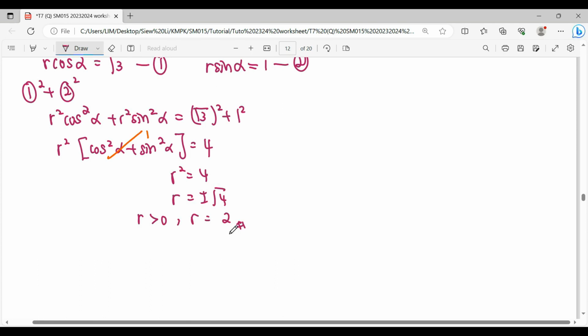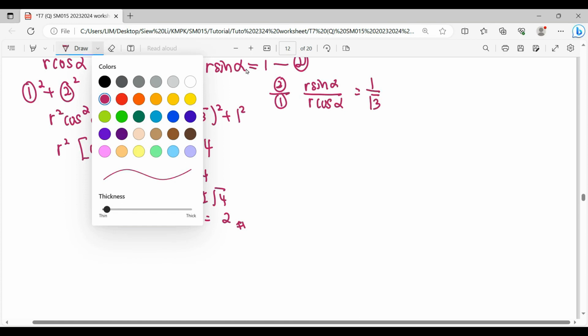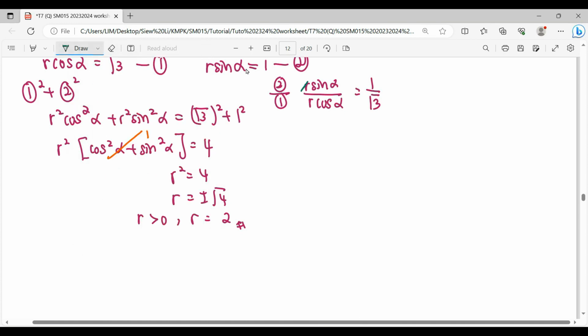Then we continue to find alpha. In order to find alpha, we'll use the concept of tangent. So we will take equation 2 divided by equation 1. You can notice that the r can be simplified, so here we have tangent alpha equals 1 over 3.